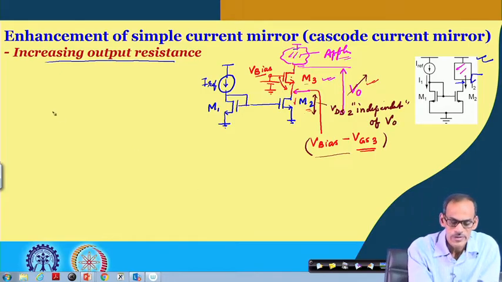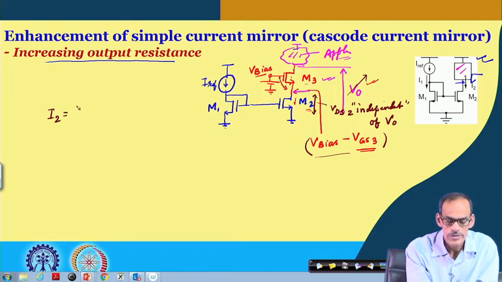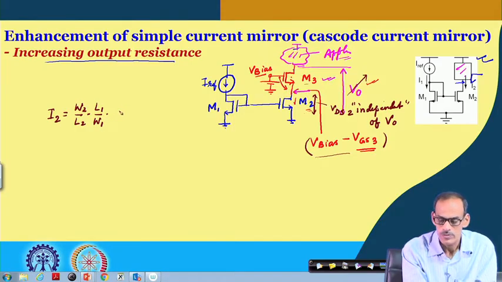So, that makes the expression for I 2, which is W by L of the transistor divided by W by L of transistor 1, into 1 plus lambda into VDS 2 divided by 1 plus lambda into VDS 1.